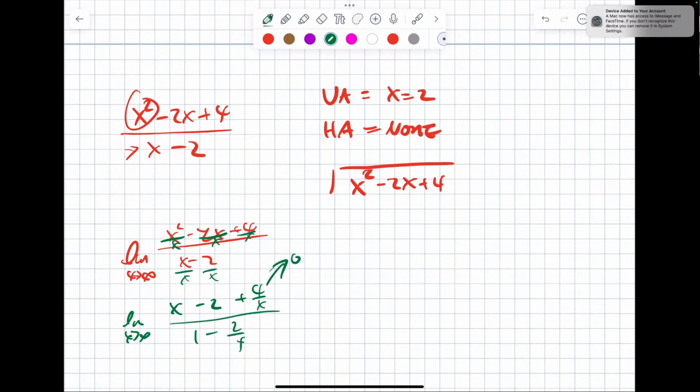The 4 over x goes to 0, the 2 over x goes to 0, the denominator goes to 1, but the top goes to infinity. So infinity minus 2, there is no horizontal asymptote, but there is a slant asymptote by doing this.